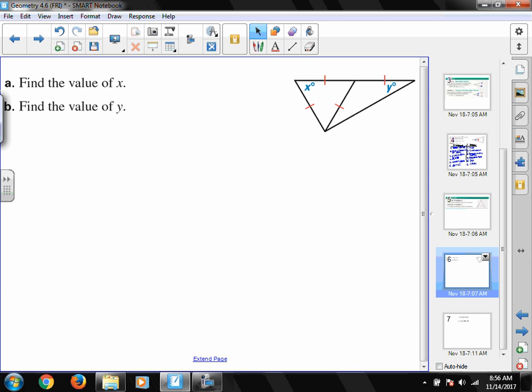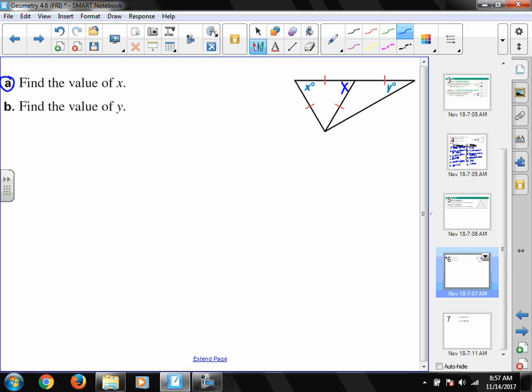Last thing we want to do today, we need to find the value of x, we need to find the value of y. So what I can do is, I know I'm going to do all my work for part A in blue. I'm looking at this triangle here. I have what appears to be, since I have congruent side marks here, an equilateral triangle.